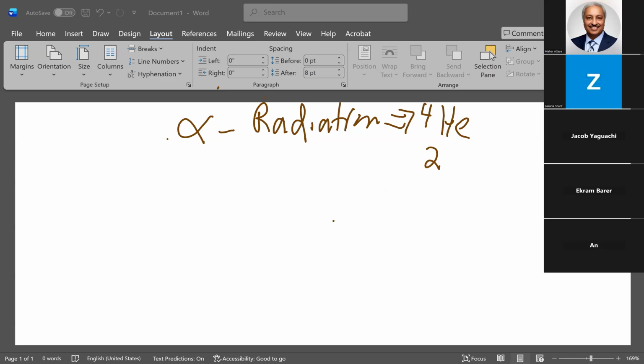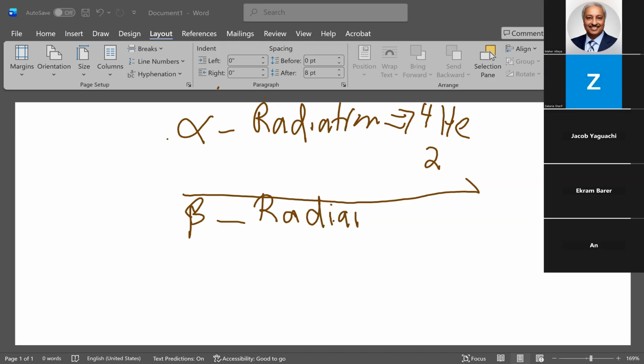Now, you have beta radiation. Beta radiation is coming from the nucleus, not from outside. Those are electrons, but not from the valence electrons or the core electrons.